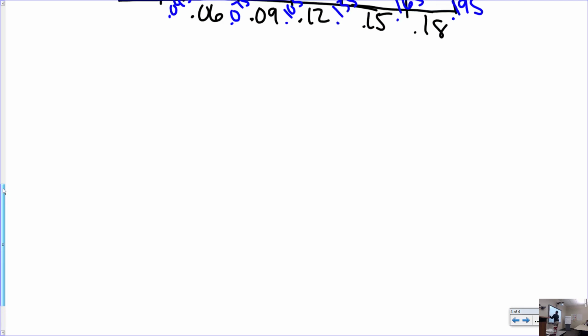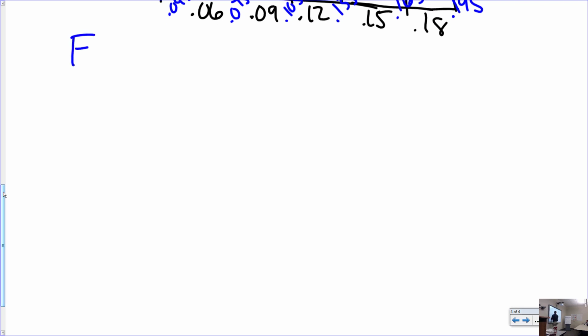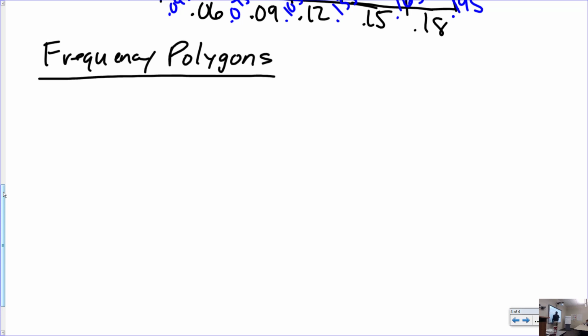Another method that you may use to display the frequencies is a frequency polygon instead.